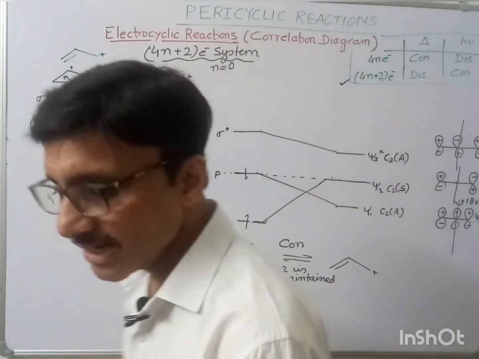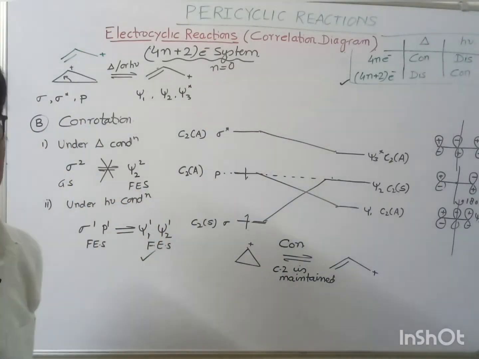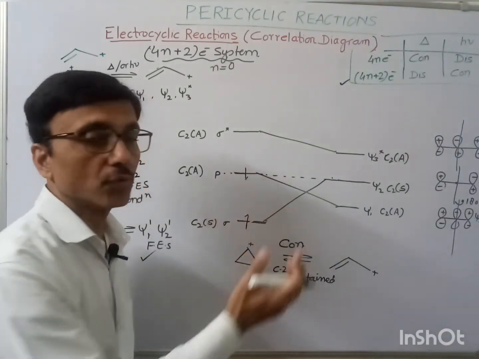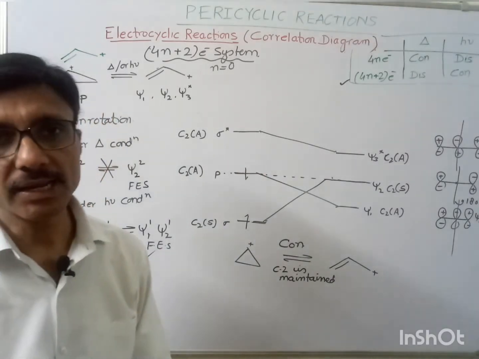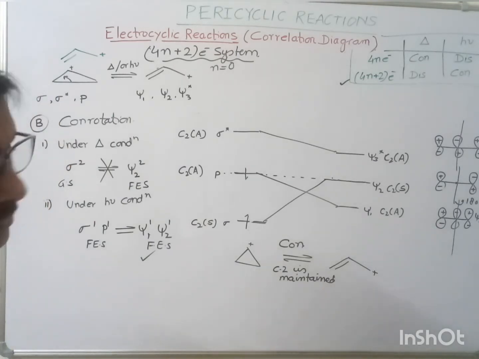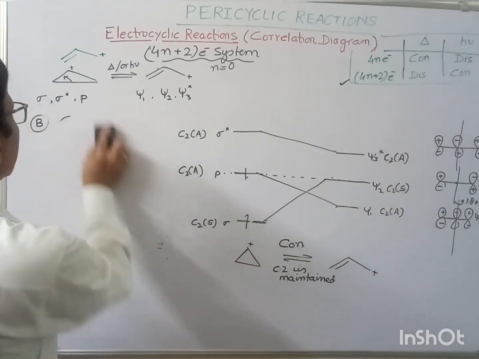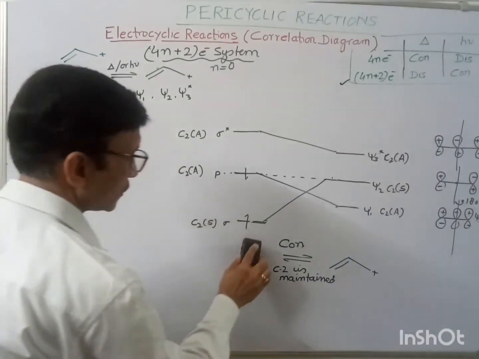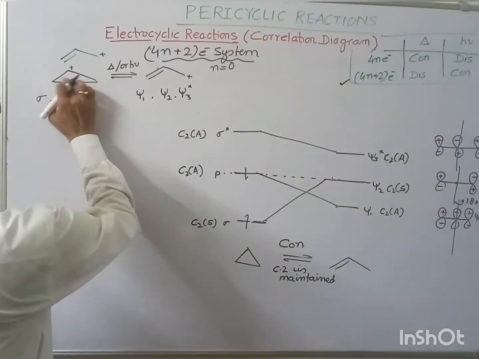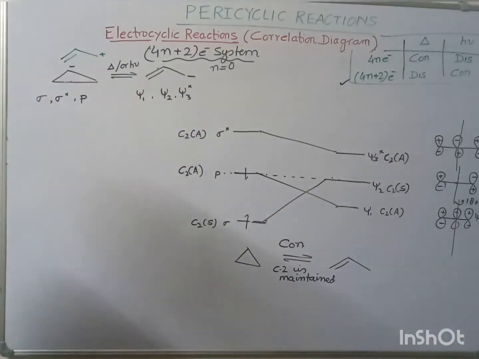For the allylic anion, this diagram will remain the same, and if we take the allylic anion, the number of electrons that we will fill here would be 4 electrons, and we can check whether that would be allowed or not. So this is our allylic anion, and here we will have a negative sign.